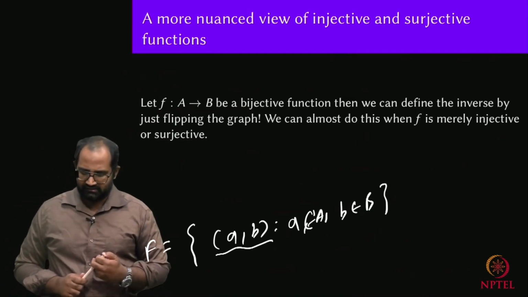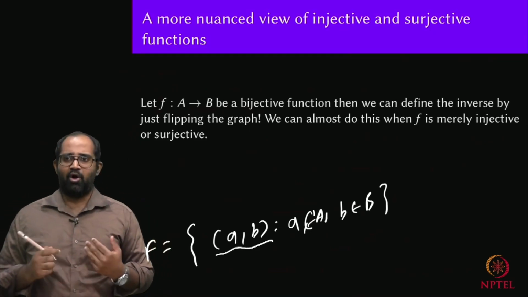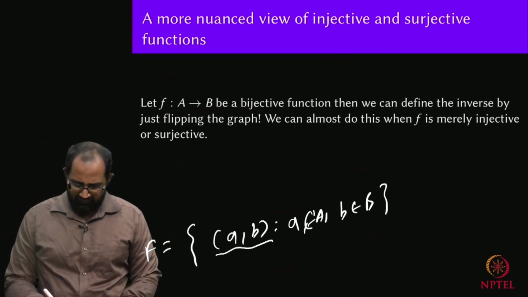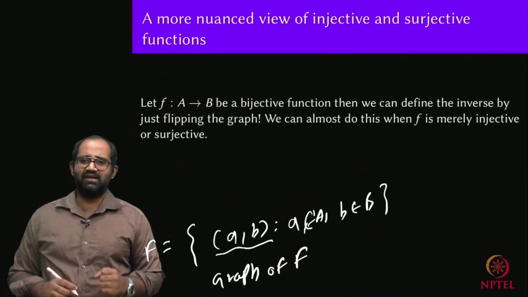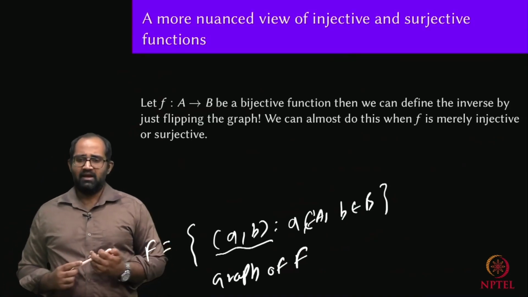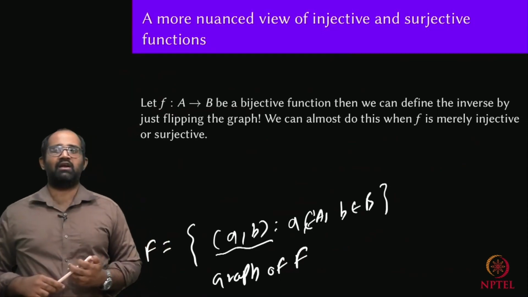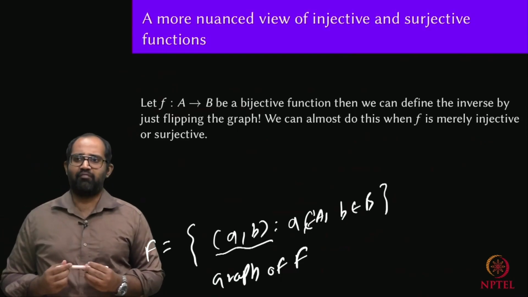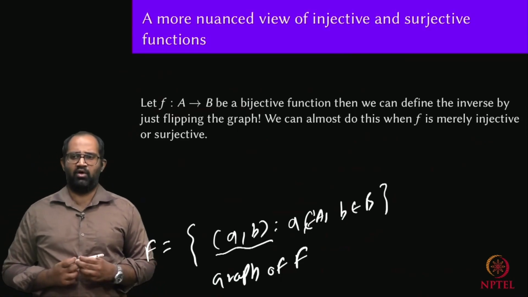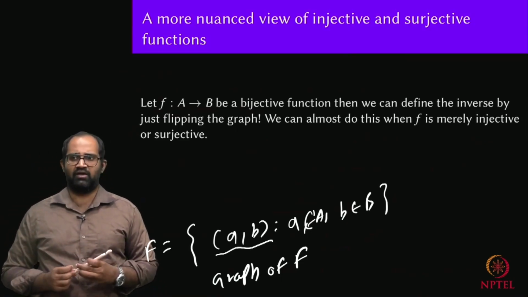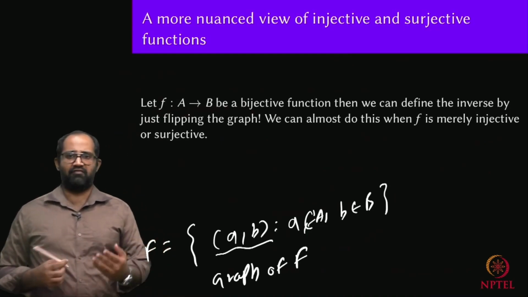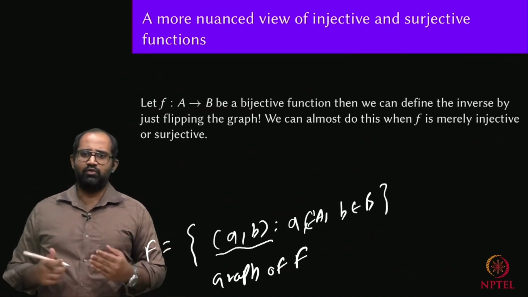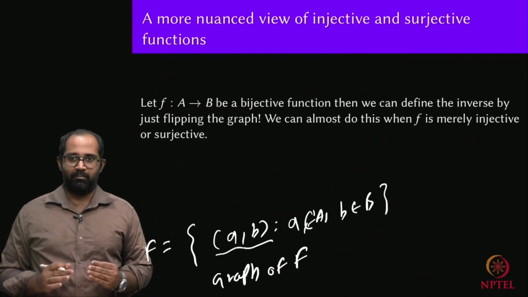Now, notice that this can be properly also called the graph of f. Why do I say this is the graph of f? Well, way back in 8th standard or 9th standard, you had to do this tedious exercise of plotting straight lines and parabolas and what not, various curves on graph paper. You will be given a function. What do you do? You sample certain values in the domain.